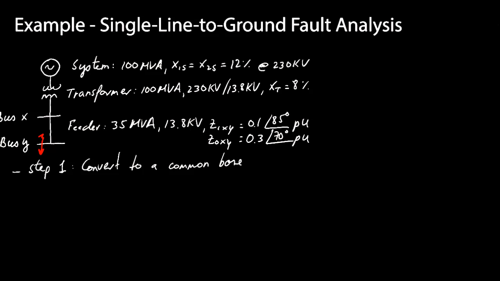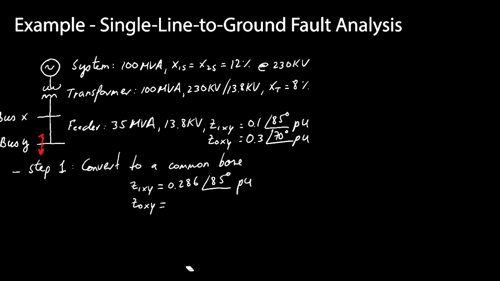Now we calculated this before in the 3-phase example, and we said that if we converted Z1XY to a 100 MVA base, that number was 0.286, and of course the angle stays the same, so at 85 degrees in per unit. Now we can see from here that the zero sequence impedance is basically 3 times that of the positive sequence impedance. So I can say Z0XY, which is the zero sequence impedance of the feeder, is essentially going to be this number multiplied by 3.